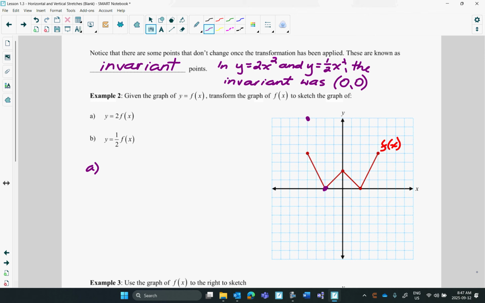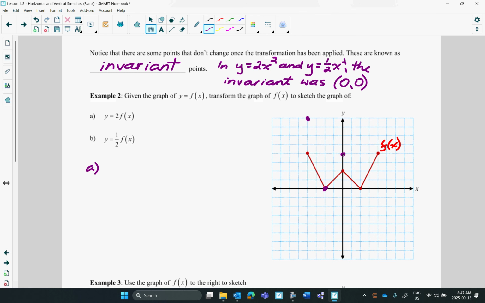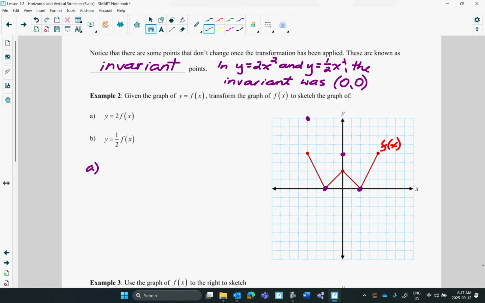What's the y value here? What's the new y value? 4. This one doesn't move, so it's an invariant point. This one also has a y value of 4, like the one we started with. Its new y value will be 4 times 2, which is 8. And then just sketch the graph.